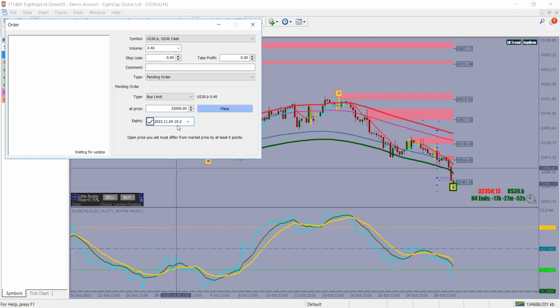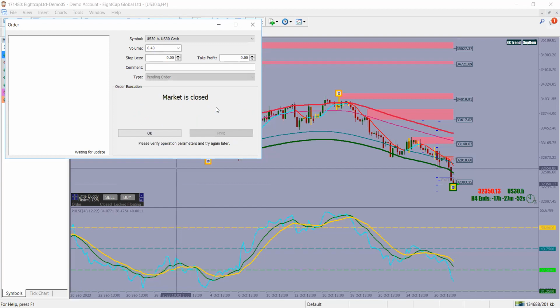Once it reaches this time and date, if the order was never initiated, it will automatically close the order out on its own. It's not going to let me do it here, but if the market was open and I put that buy limit, I could go ahead and place it, and also add the stop loss and the take profit levels as well.